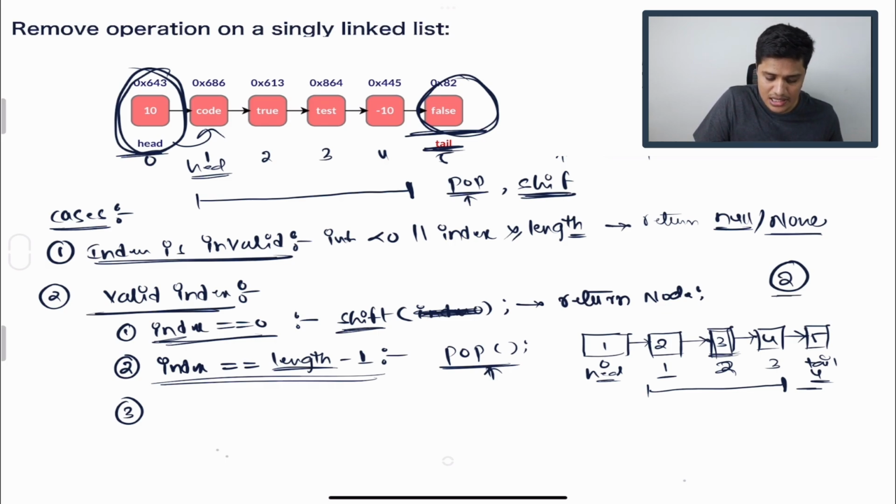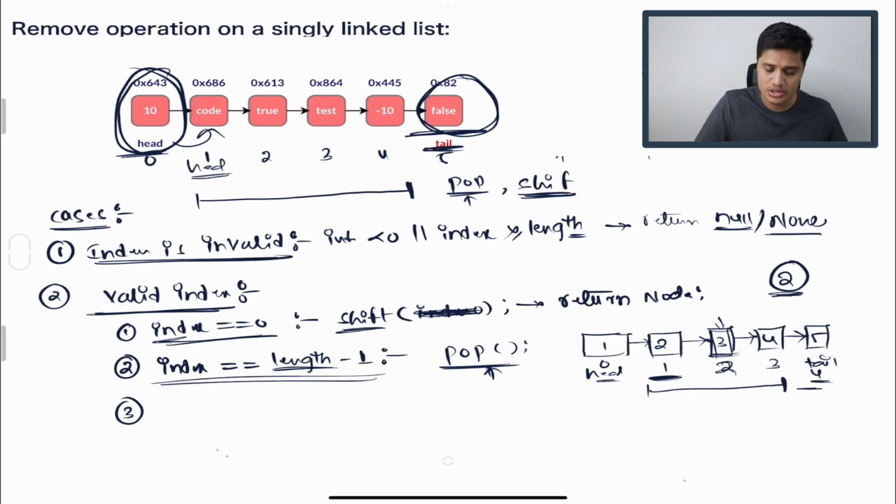So in our case, the index that user has given is 2. So we will go ahead and get the node at the index 1th position because we are trying to get the node at index minus 1th position. Because index minus 1th node will contain the reference of the node that is at the indexed position in the next variable of that particular node, right?